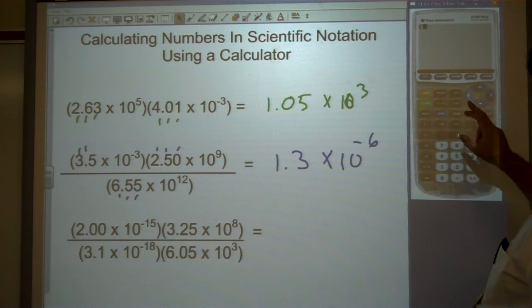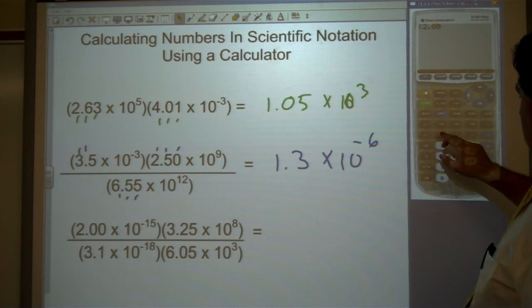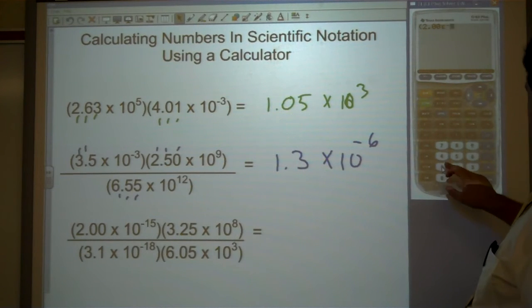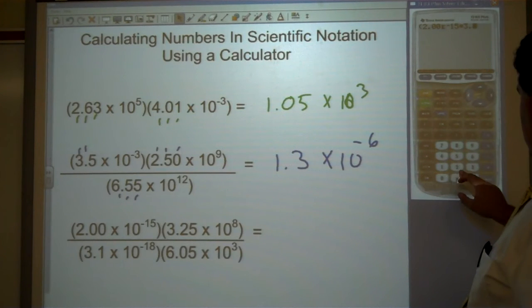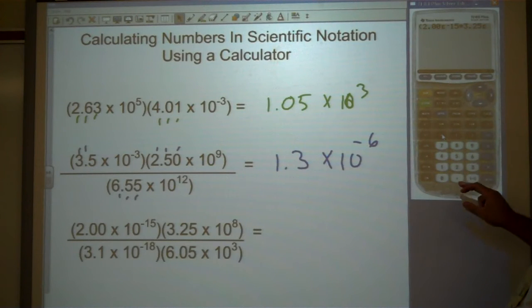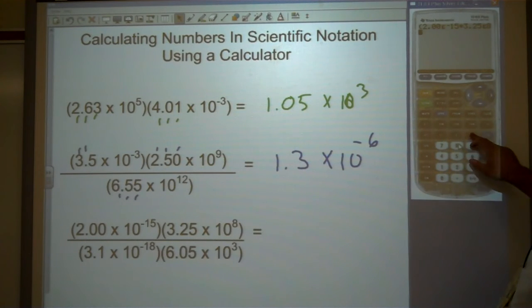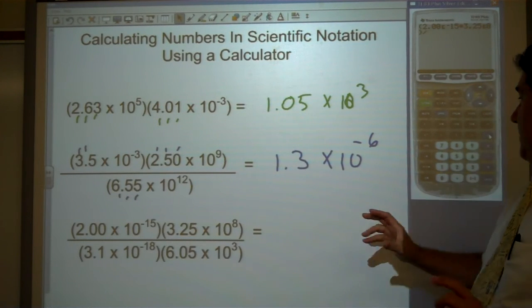So I'll put parentheses 2.00 second EE minus 15 times 3.25 second EE 8. Close the parentheses, do your division sign, and now let's put everything in the denominator into parentheses.